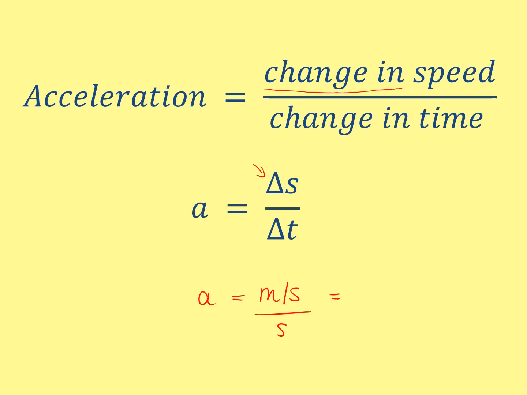I can write that in a number of ways: meters per second per second, or meters per second squared. All of those ways of writing the units mean the exact same thing, and you can use any of them.